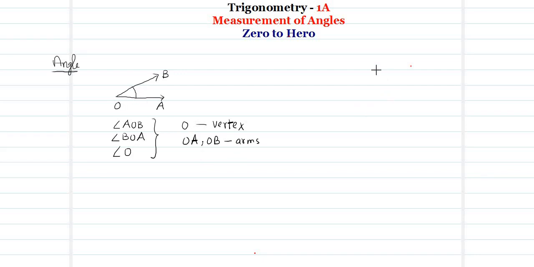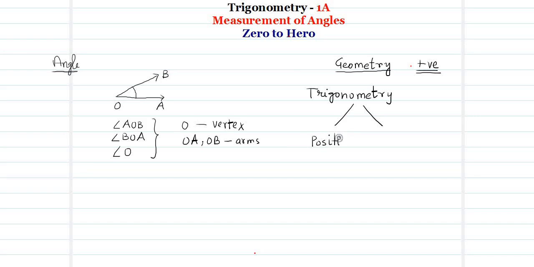In geometry, angles are only of positive measure. Only of positive measure. So plus ve means positive. But in trigonometry, the angles can be of positive measure or it can be of negative measure. Now the question is how to define an angle of positive measure and how to define an angle of negative measure.